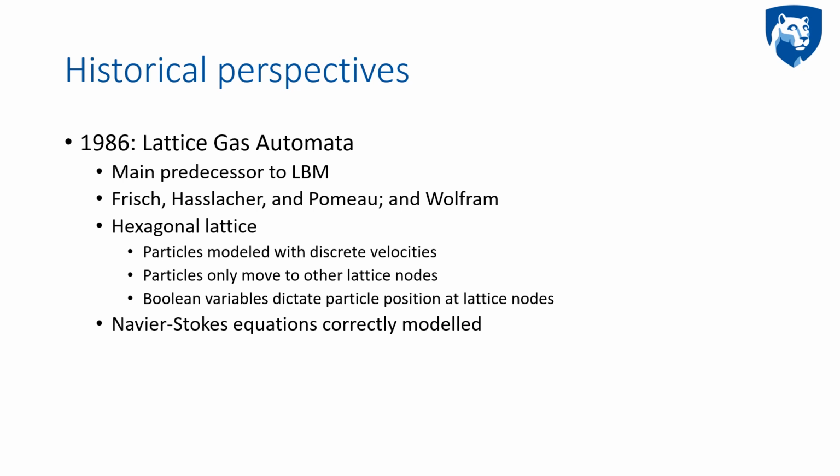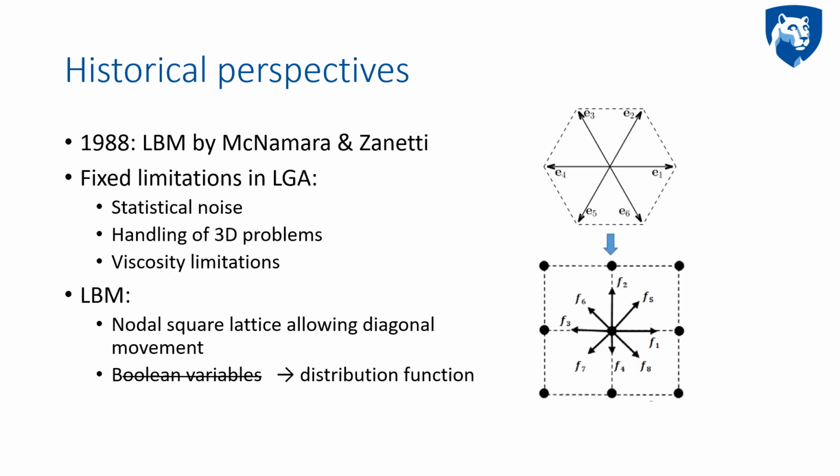There were Boolean variables, which basically means true or false, which dictated the particle position at the lattice nodes. This method was able to correctly model Navier-Stokes equations.